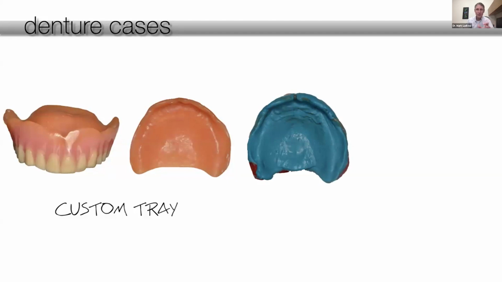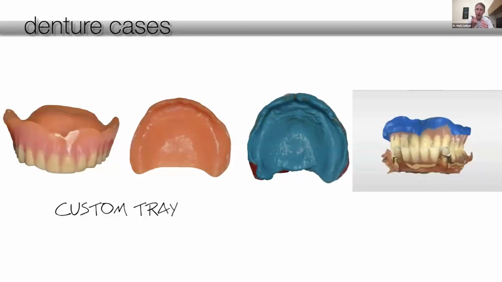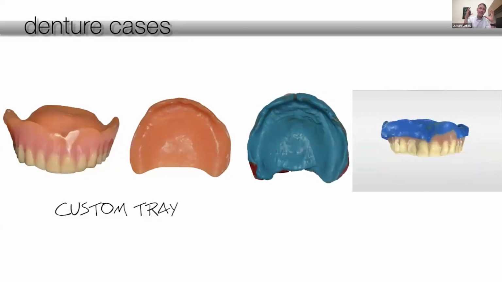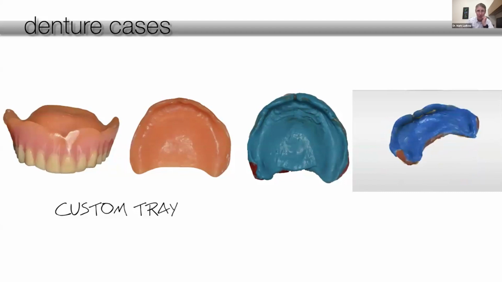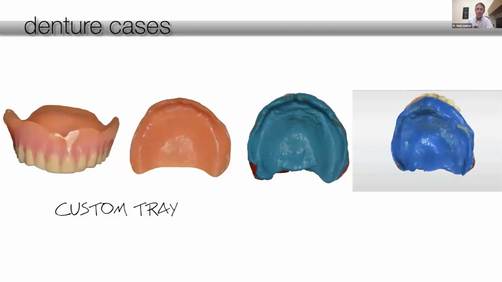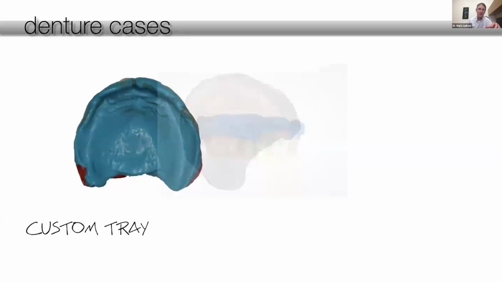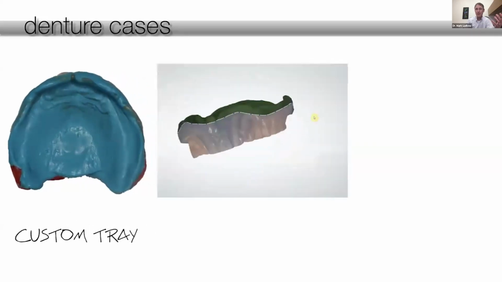But you go ahead and do this, wash it, border mold, do everything like that. Then go ahead and scan it. Scan the lower arch, scan the bite, and then that gives us everything which we need to know. Because from there, what can happen is you just write down everything you want changed versus the teeth. And you can send the scan to your lab. What your lab does with that scan is they put it into their software.